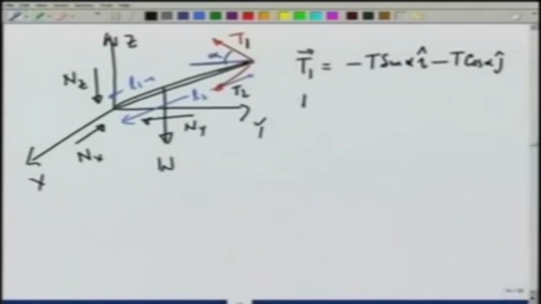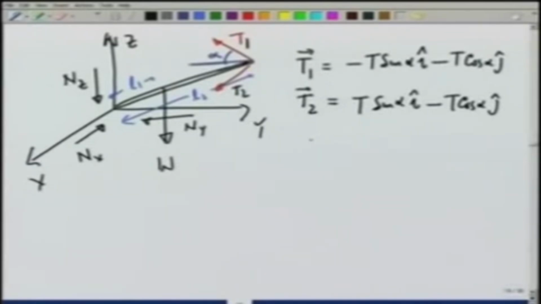Similarly, tension T2 is equal to T sin alpha i minus T cosine alpha j. So, these are the two forces arising from the tension.